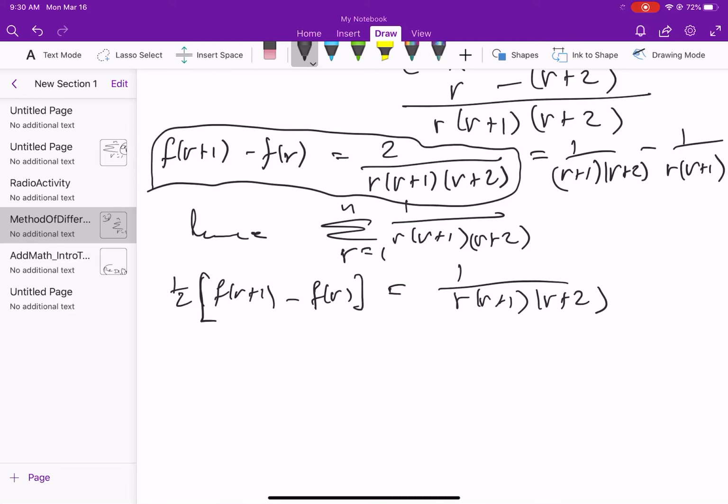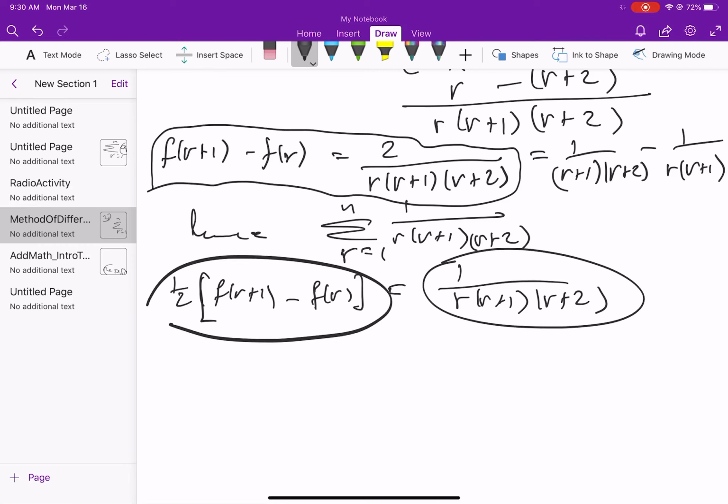So for me to sum this right-hand side is the same as summing this left-hand side. So let's see how that goes.